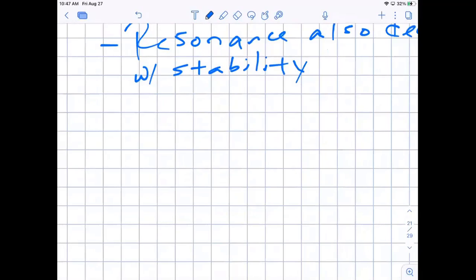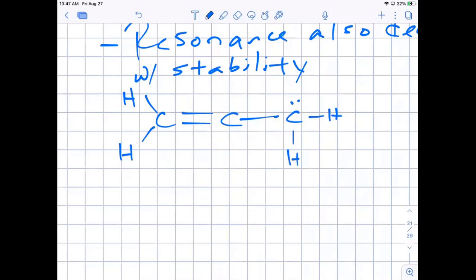I'm going to show you 3 different scenarios, and these are patterns that you can look for when you're trying to figure out whether or not a molecule can do resonance. If you see them, then you know that resonance is possible. This is what we call an allylic anion.